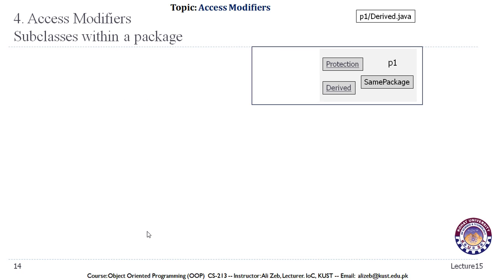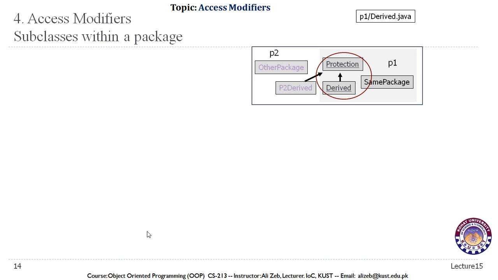Subclass within a package. For example, we have class Derived.java. We have the Protection class, and the Protection class has a subclass Derived, and they are in the same package p1.